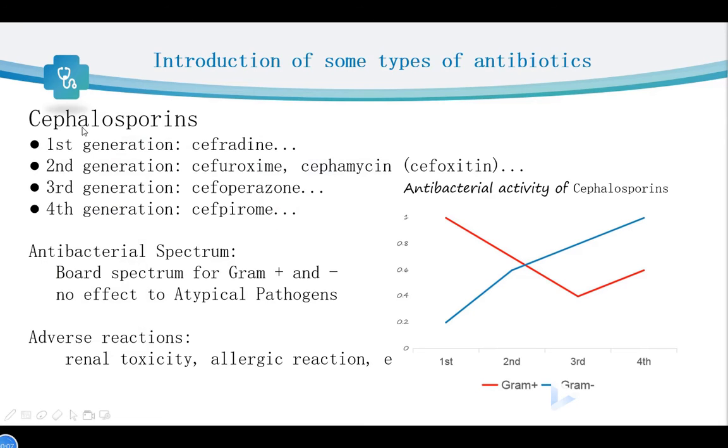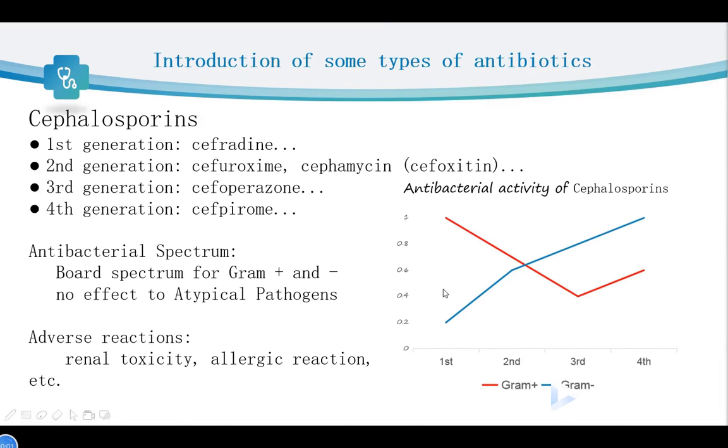First one is the cephalosporin. There are 4 generations of cephalosporin: first, second, third, and fourth. The antibacterial spectrum of the cephalosporin is broad for gram-negative and gram-positive bacteria, but all cephalosporins have no effect on atypical pathogens.